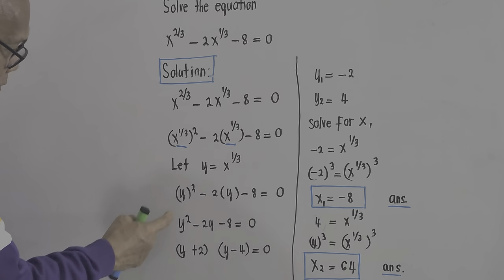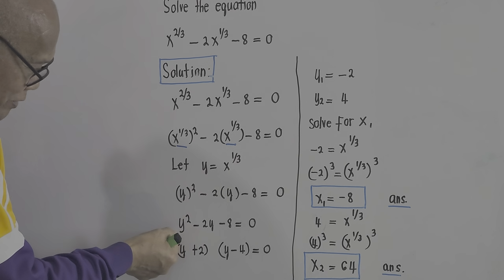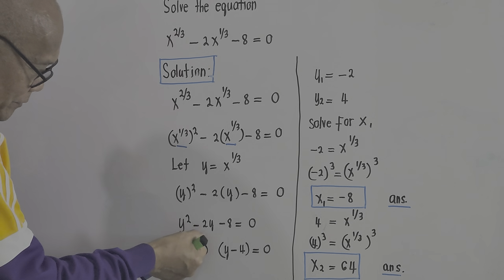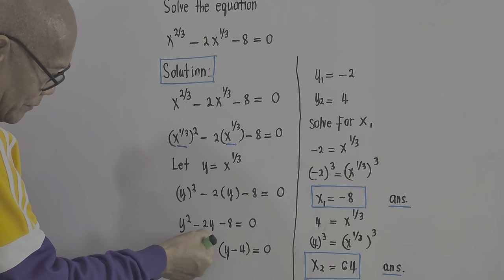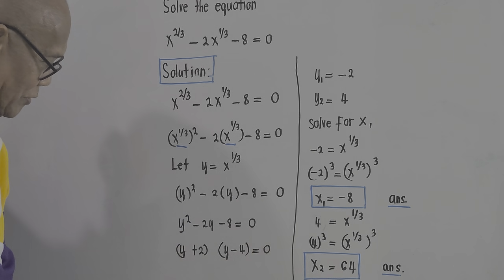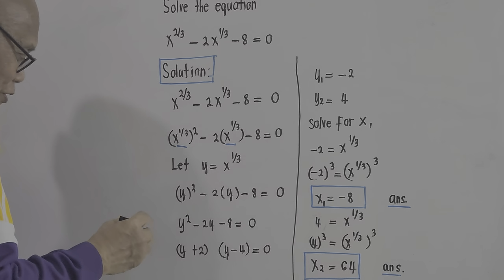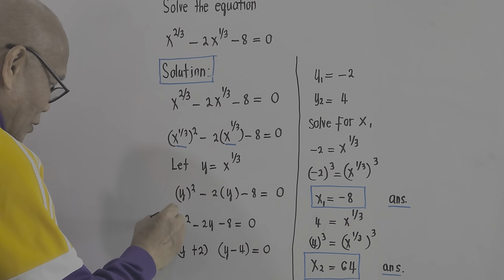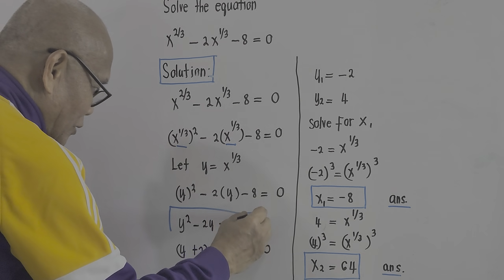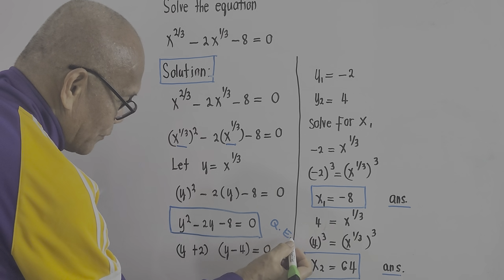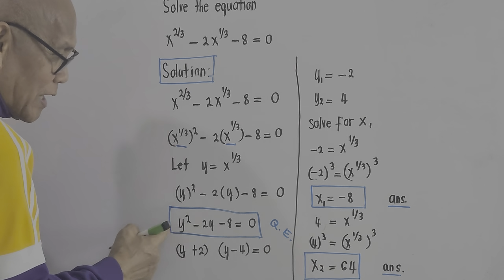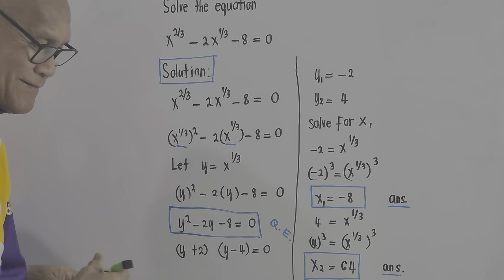Expanding, y to the second power is actually y squared minus 2y minus 8 is equal to 0. So after the substitution and simplification, what comes out is this equation here. And this equation now is a quadratic equation involving y, not involving x. Okay? So y squared minus 2y minus 8 is equal to 0.